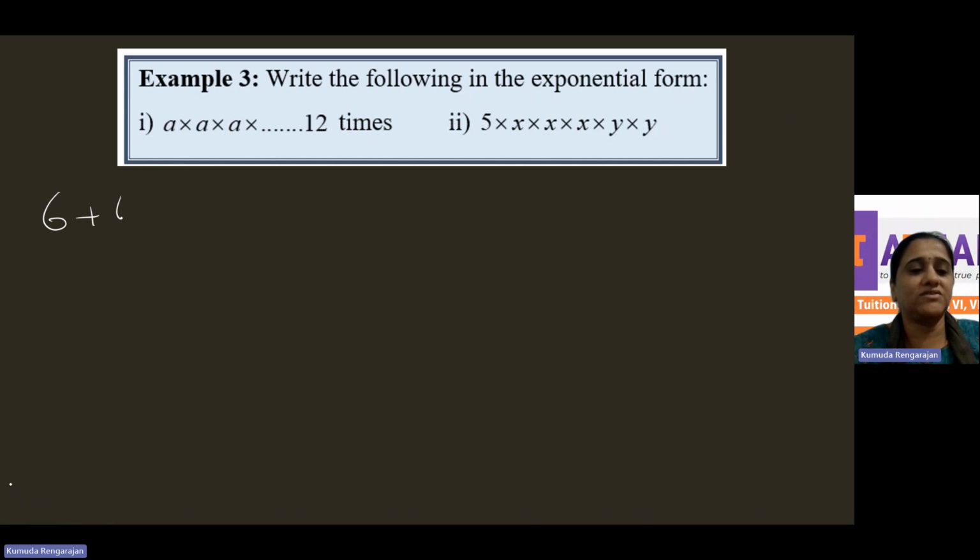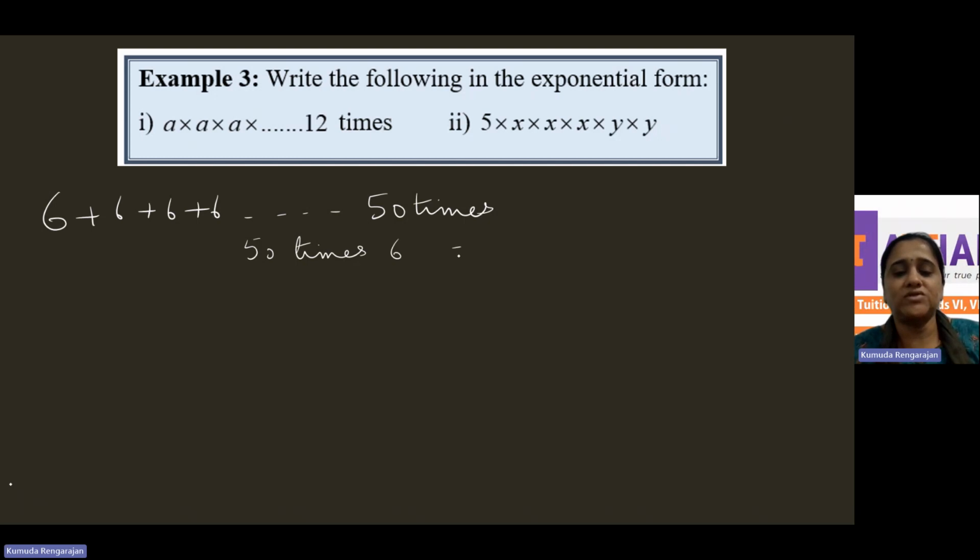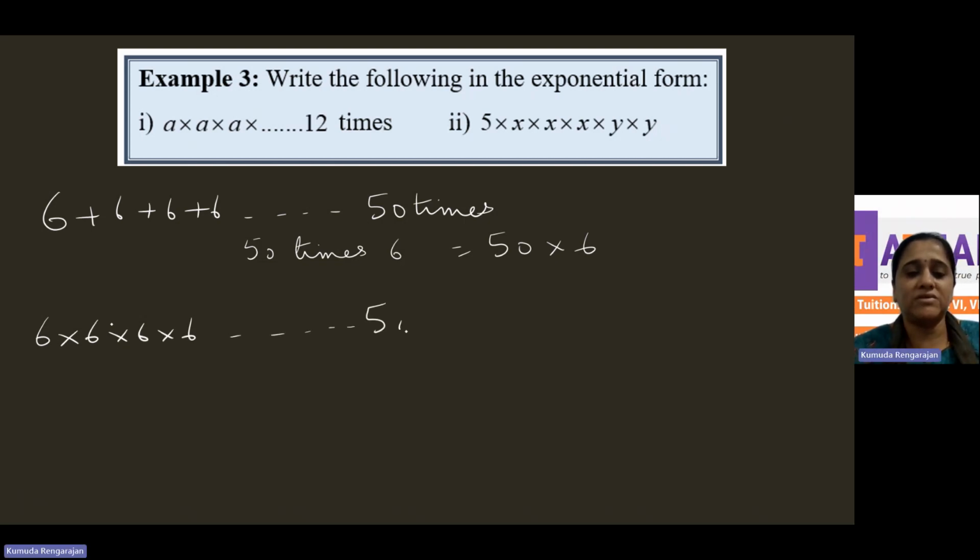What I asked you is 6 added to itself 50 times, and this is nothing but 50 times 6, which is 50 into 6. But if you had 6 into 6 into 6 into 6, 50 times, this is repeated multiplication. A repeated multiplication is written in the exponential form.